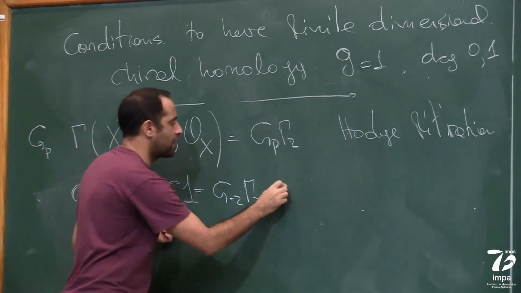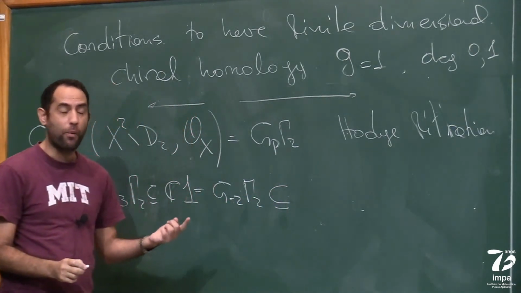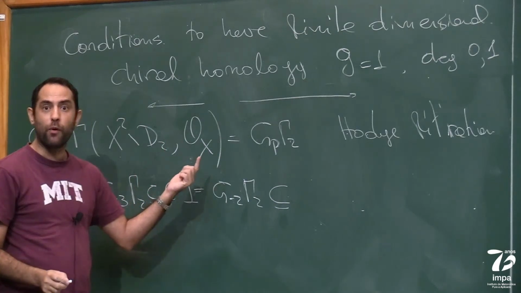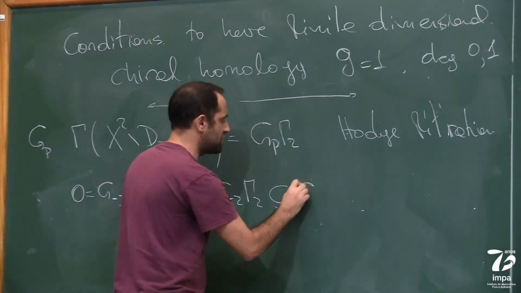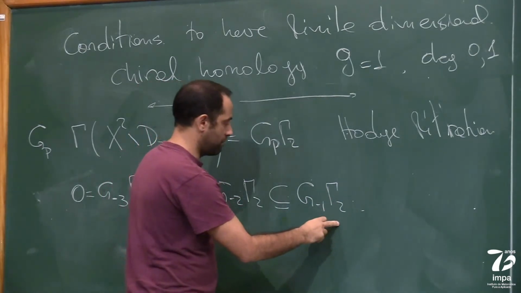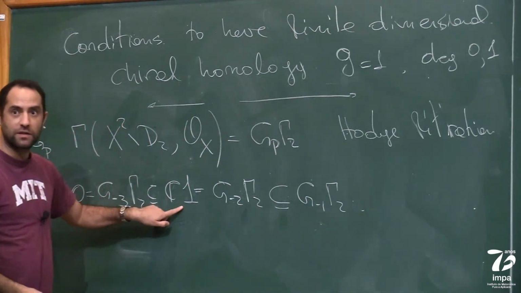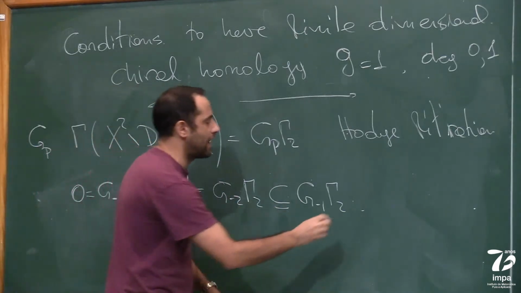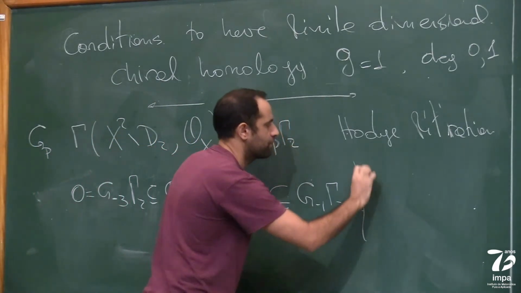The next guys are going to be functions that have only one pole at one of these components, and those are going to be G minus 1 of gamma 2. And these are going to contain the constant functions, but I also will allow functions like these ones.